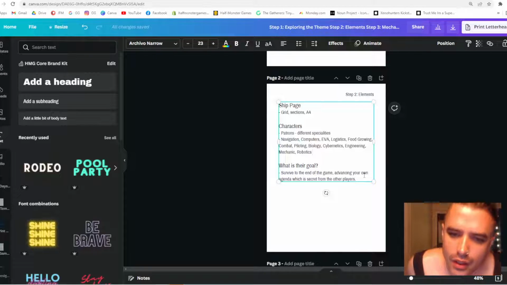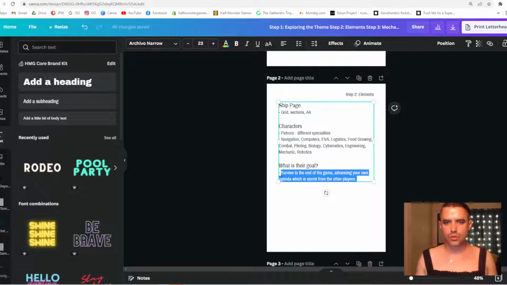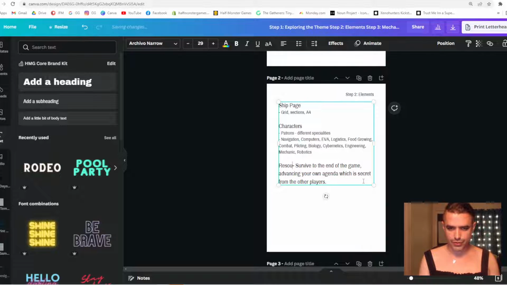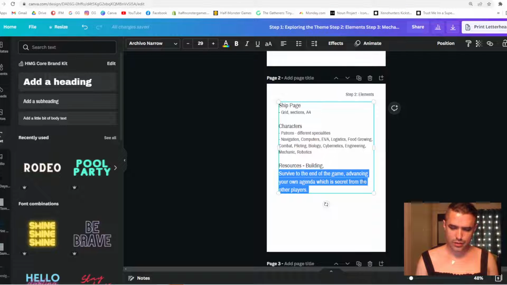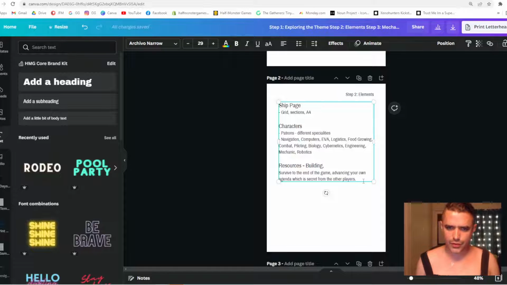Okay, so starting the game. In a survival game, we usually have resources. So resources for building, resources for fighting, resources in terms of fuel, and resources in terms of electronics.